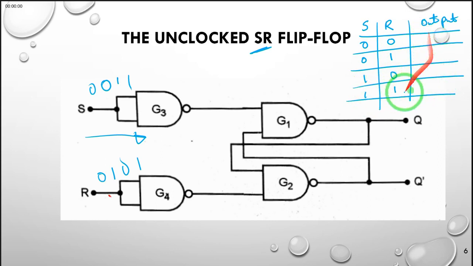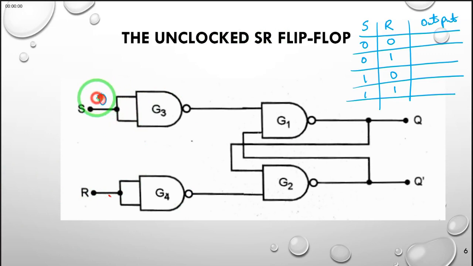We ask ourselves, for instance, if we set S to be 0 and R to be 0, what will be the output? And assume the output was 0 here, and therefore if the Q was 0, definitely the Q bar was 1. So we will consider this to be a 1 coming here, and what is coming out of this is a NAND gate that is shorted, which is acting as a NOT gate. Therefore this will come out here as a 1.